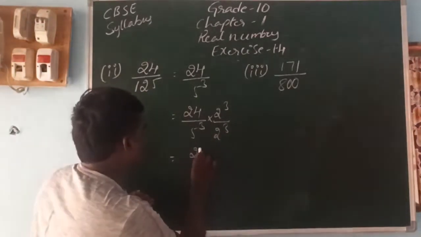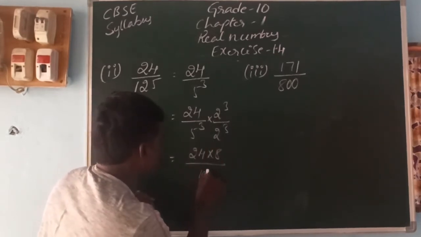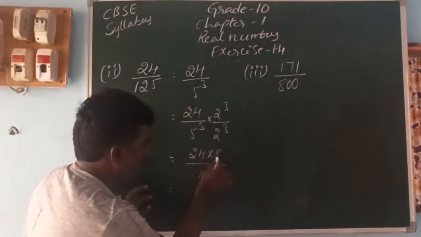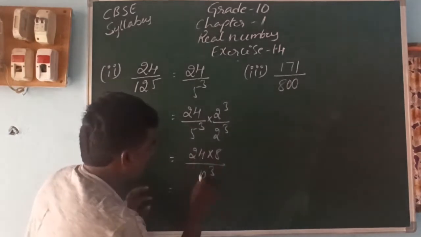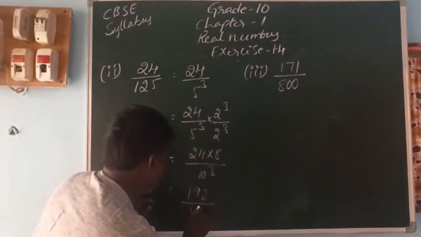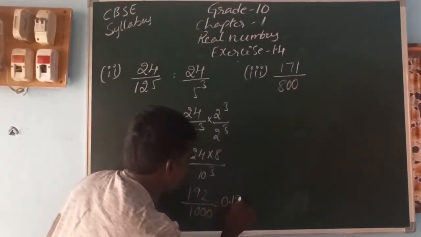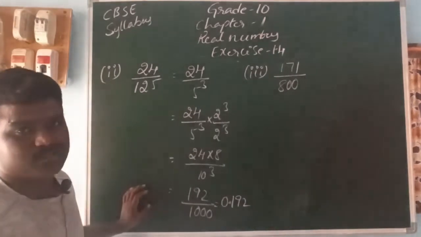So 24 into 8 by 5 cube into 2 cube, that is 10 cube. 24 times 8: 8 times 4 is 32, 8 times 2 is 16 plus 3 is 19, so 192 by 1000. Three zeros means three decimals. That is 0.192.